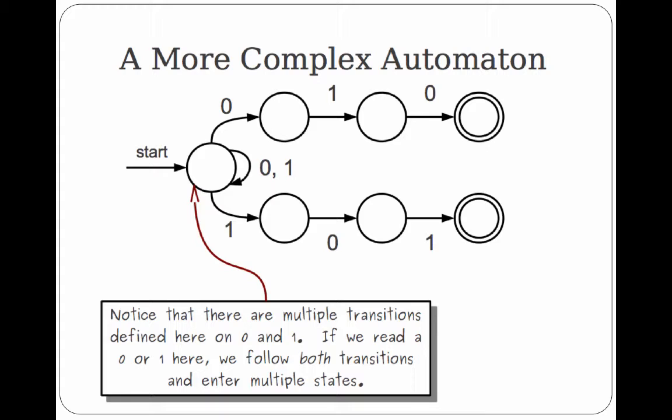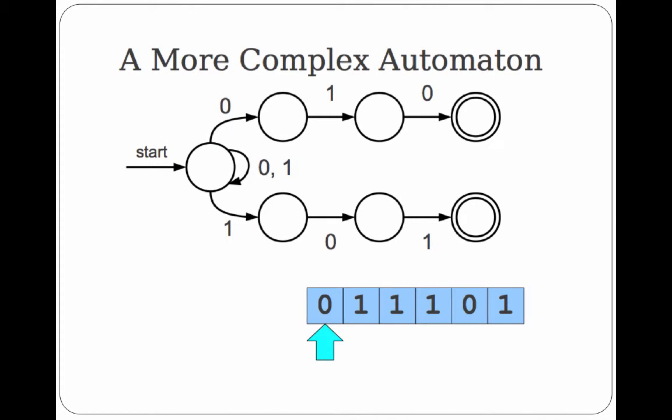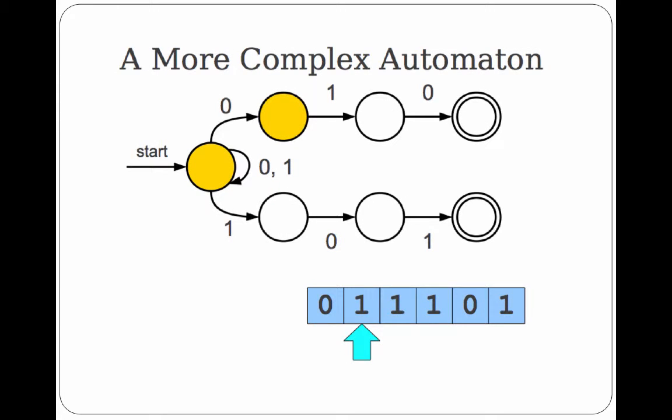So basically what this means is that the automaton goes into multiple states at the same time. So when it's presented with a 0 in the start state, it goes into both states 0 and 1. So looking at an example then, starting with the 0 in the start state, after scanning the 0, we move into the start state and the second state shown there, and we move over the 0.